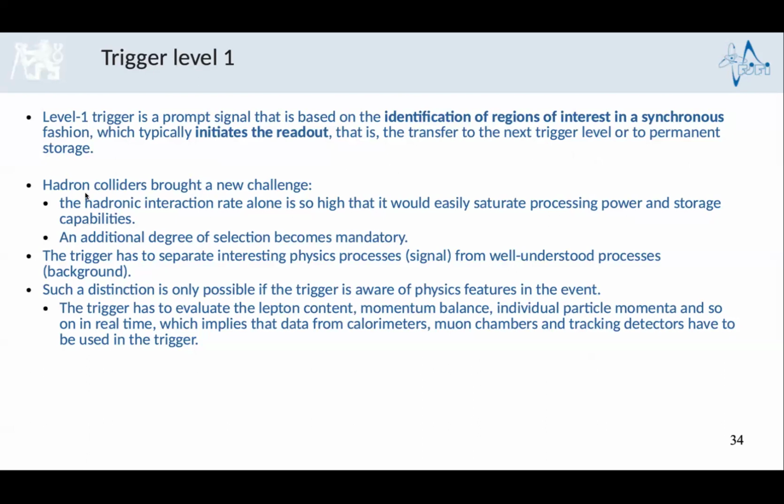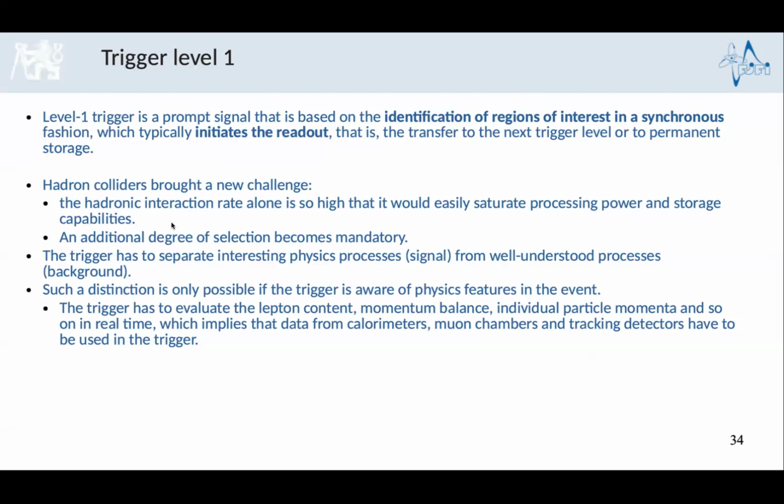So for hadron colliders, as you may know, in the state of the art, the interaction rate for these experiments is very high. This brings a challenge because it can easily saturate the processing power of the system, the computation, and the storage capabilities.